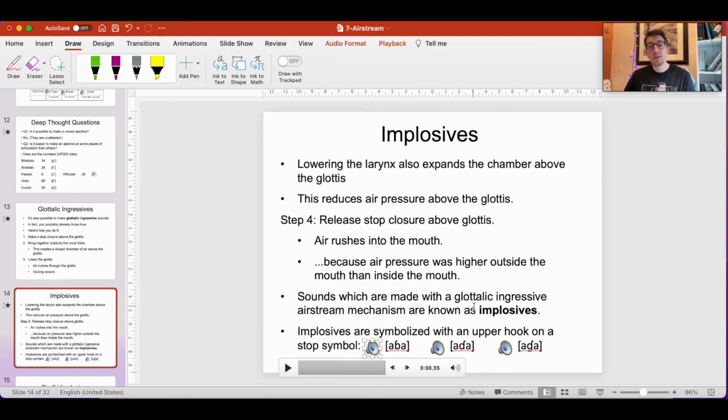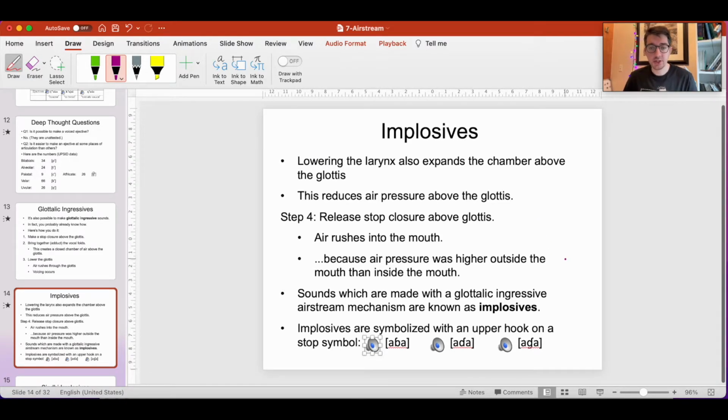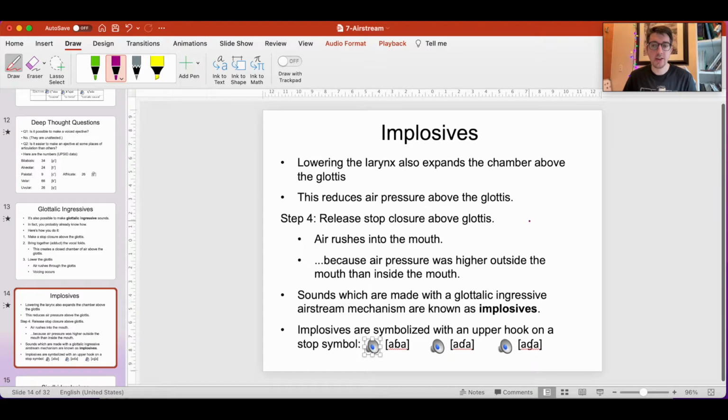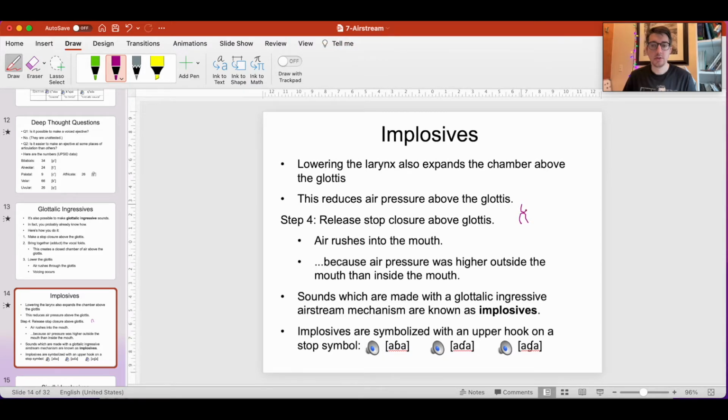Right. These are implosives, and for the implosives, we have a little bit different strategy here. So you have, for example, lips here that are touching each other, right? Lips, teeth, velum closed or raised, some tongue here, epiglottis, and finally vocal folds.